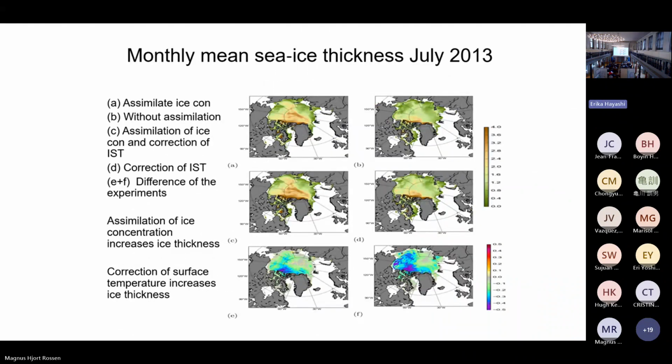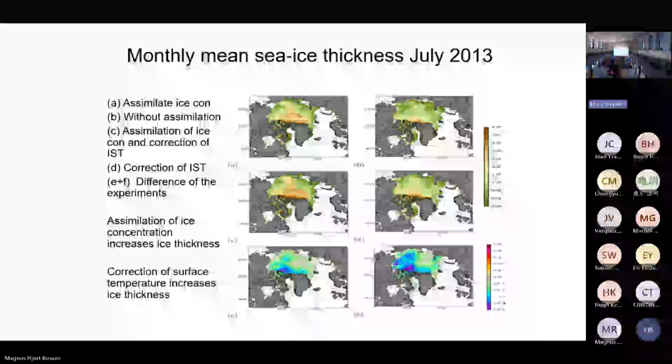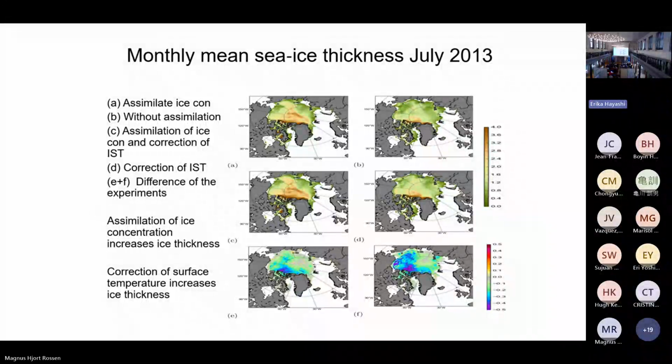Then when I look at the thickness, on the left it's with ice concentration assimilation, and that's one of the artifacts that is described by, among others, Greg Smith, that sometimes by assimilating the concentration you can get an added thickness.